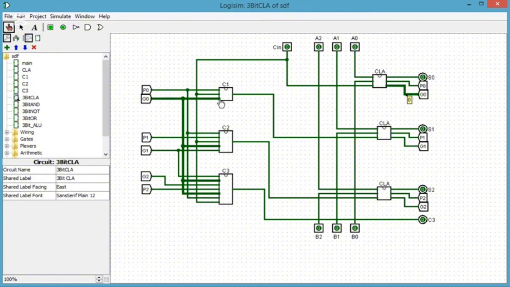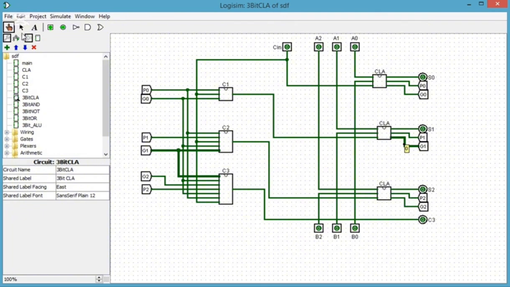So that G0 terminal comes over here and we feed it into C1, C2 and C3, and then again for the second CLA we have the same things going on with P1 which gets fed directly into C2, and for G1 which ends up with C2 and C3, and again for P2 and G2.